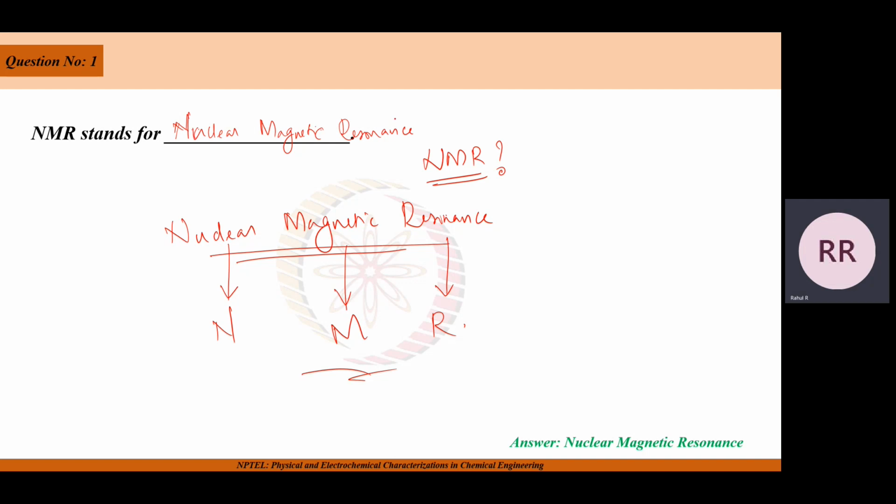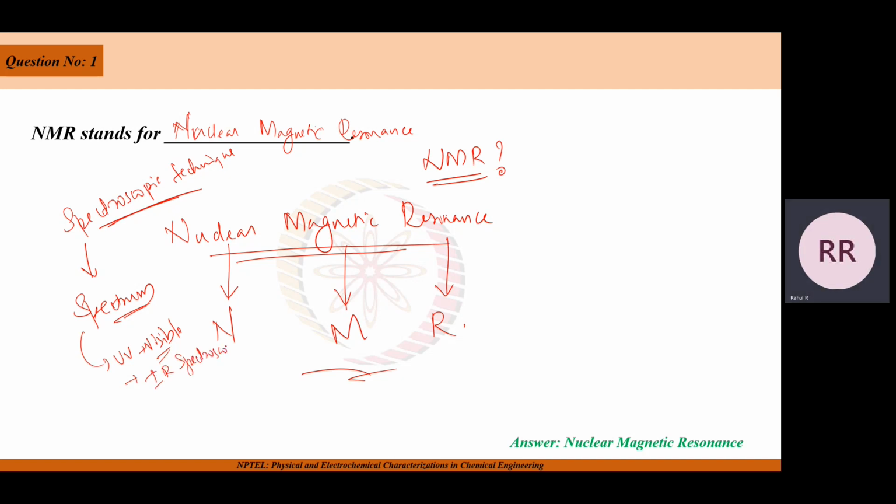Actually, this is a kind of spectroscopic technique, in which you deal with some kind of spectrum, analyzing it. For example, in UV visible, you'll be analyzing a UV visible spectrum. And if you're using IR spectroscopy, you will be dealing with an IR spectrum.